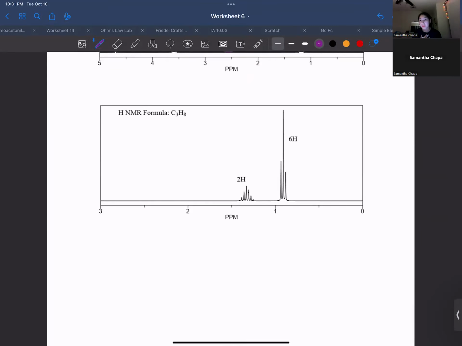Again, I like to start with empirical formulas of 3. So we have a 6 right here. Perfect. 6, you obviously can't have 6 hydrogens on a carbon. So that means we probably have something that's identical, an identical chemical environment. So I'm going to write this.